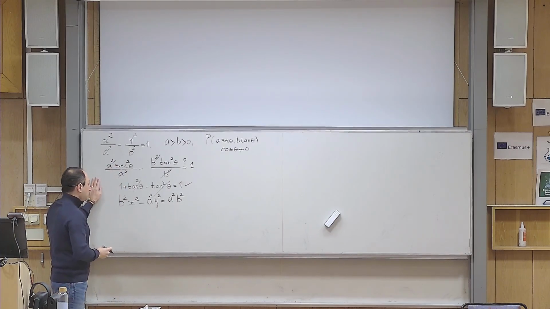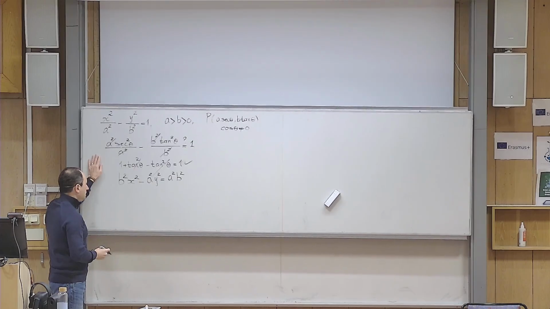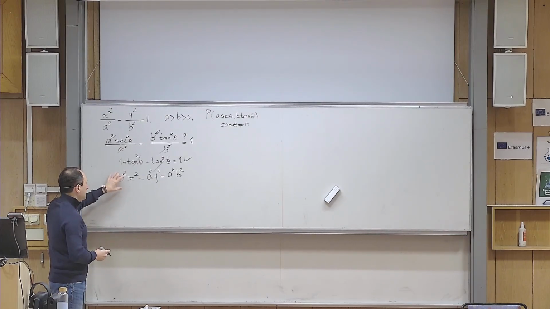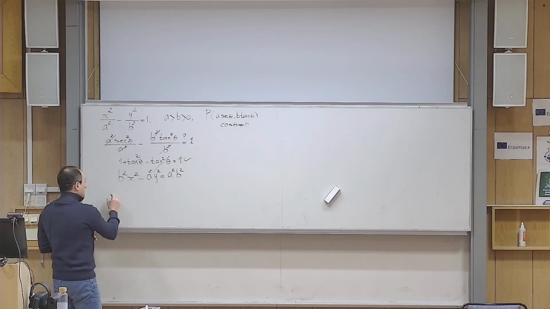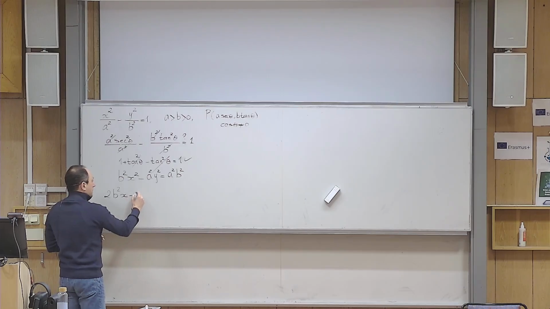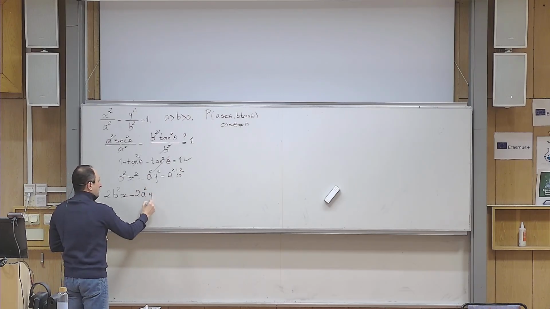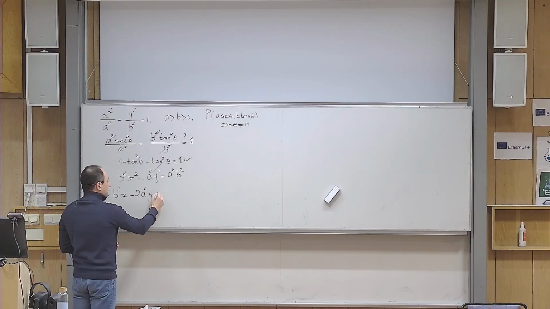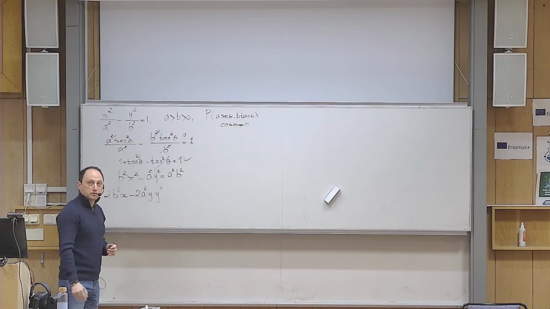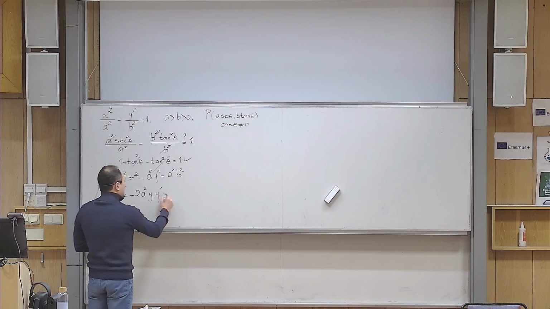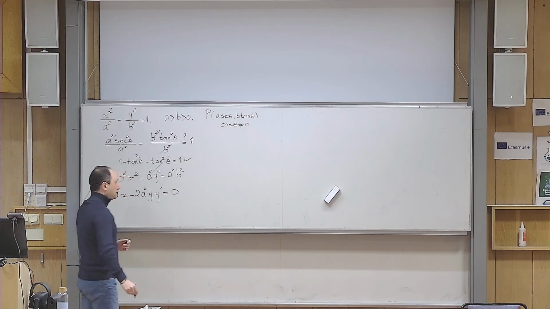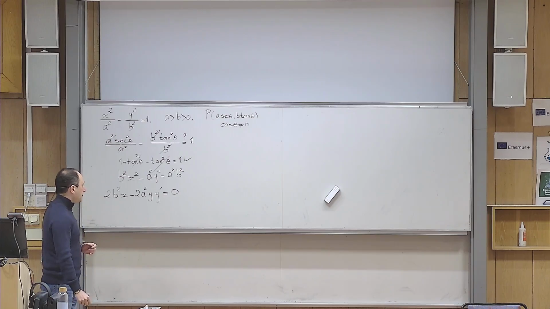Now I start implicitly differentiating my function with respect to x. b squared is a constant, so this becomes 2b squared x. This becomes minus 2a squared y, but because y is a function of x, according to the chain rule, I have to multiply by y prime as well. On the right hand side it's a constant, so its derivative becomes 0. From here I want to find y prime.